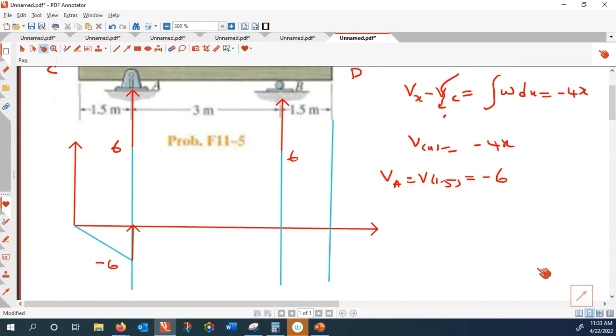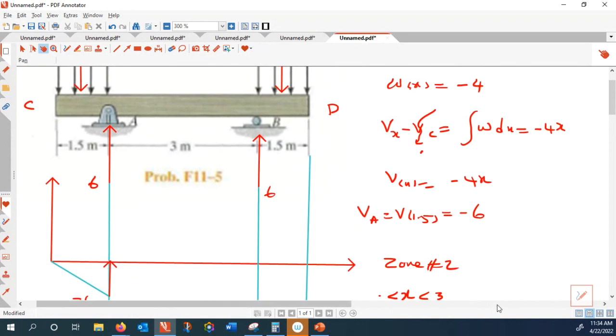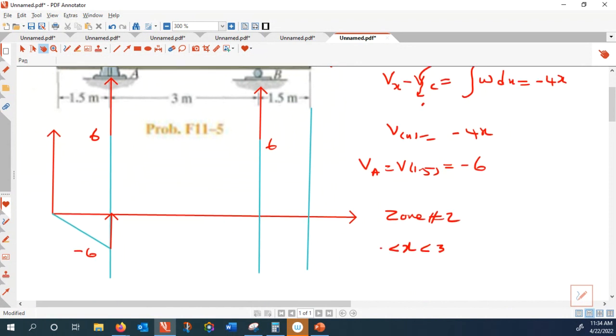And now let me move to the second zone. In the second zone, I would reset X from 0 again, between 0 to 3. So here, what is W of X in the second zone? 0.